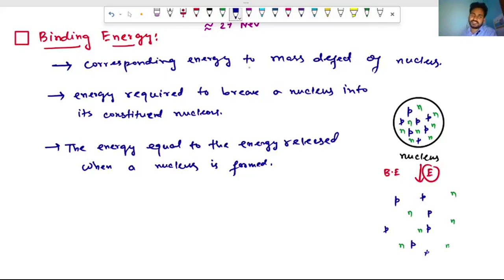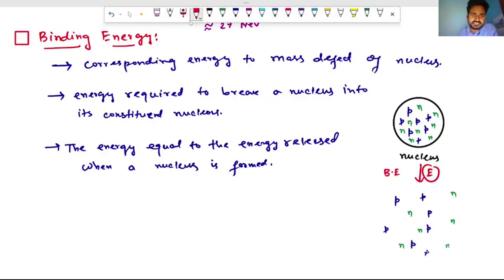So when the nucleons are combined to form a nucleus, some energy is released, and that energy is also known as binding energy. So we see that whenever a nucleus is formed or is broken or split, the binding energy comes into play.